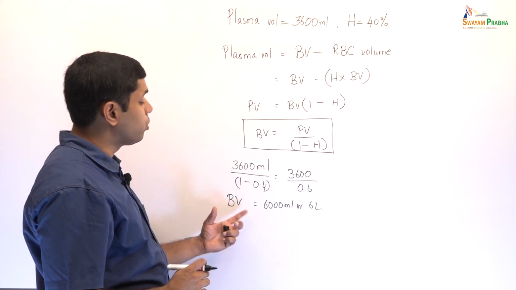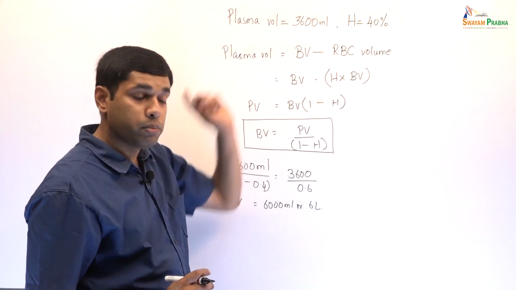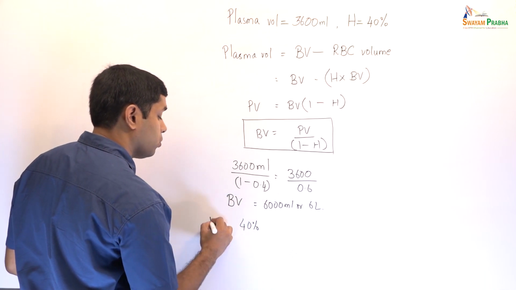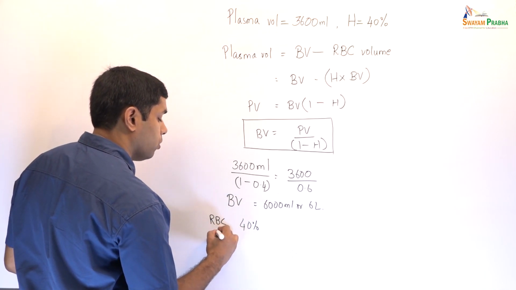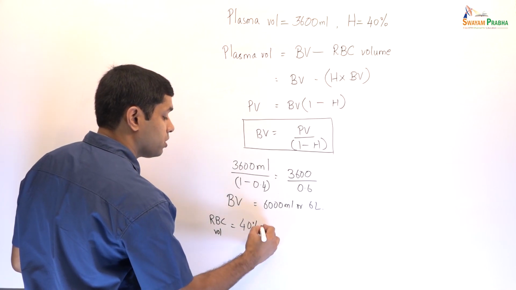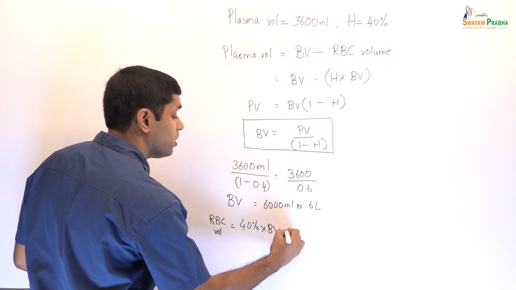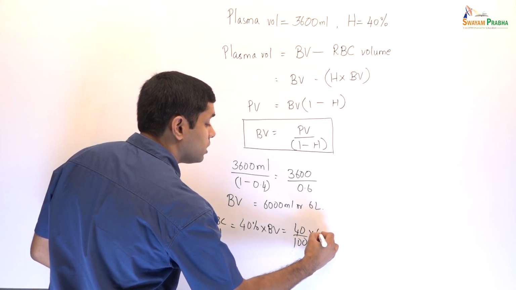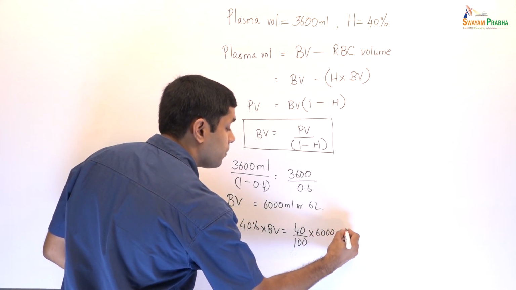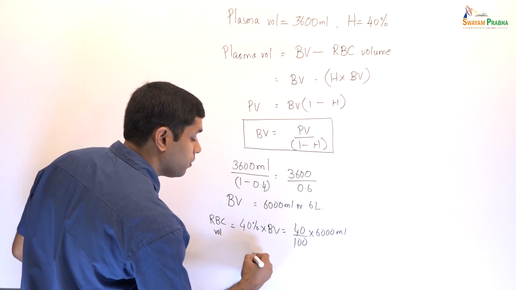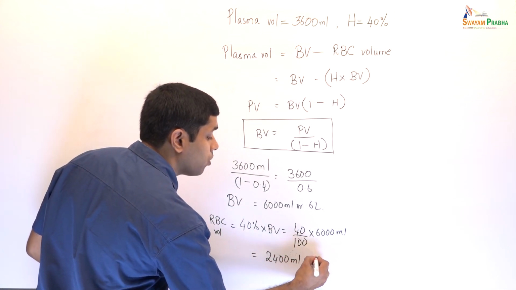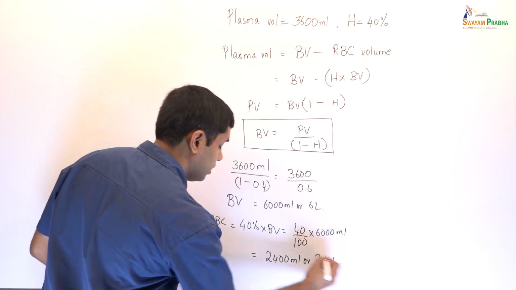What is the RBC volume? We know that the hematocrit, or 40% of this, is the RBC volume. So the RBC volume is equal to 40% of blood volume, that's equal to 40 divided by 100 times 6000 ml. If you cancel, you will finally get 2400 ml or 2.4 liters.